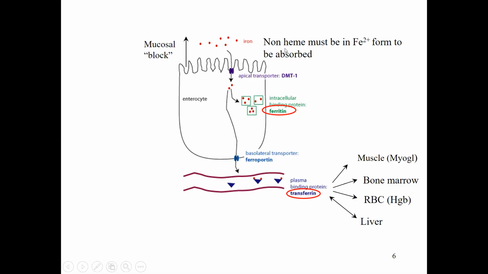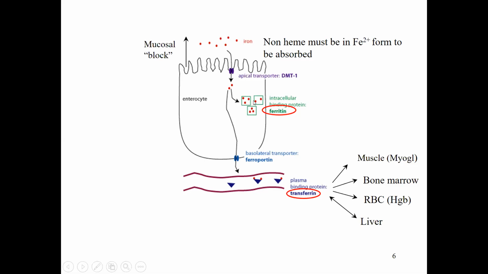Know that non-heme iron, so something that doesn't come from animals, has to be in the Fe +2 form to be absorbed. That's why having non-heme iron with a vitamin C source helps it get into that +2 form. It's going to be absorbed through these intestinal cells better.